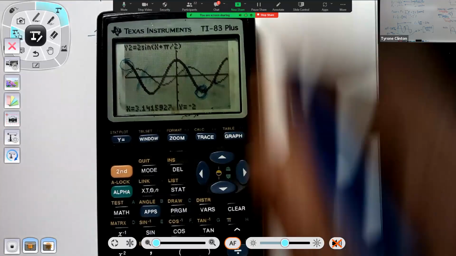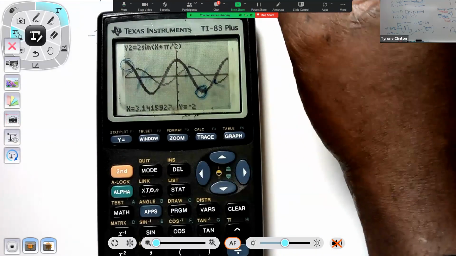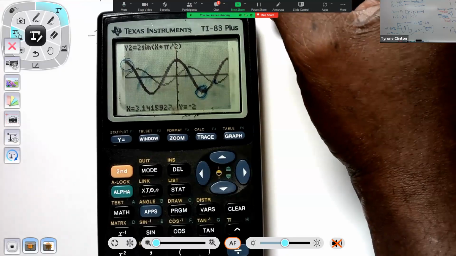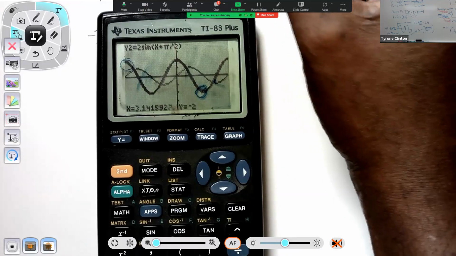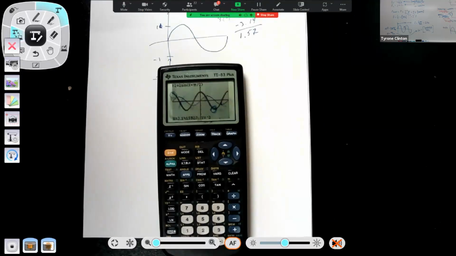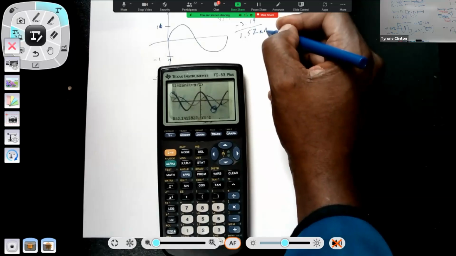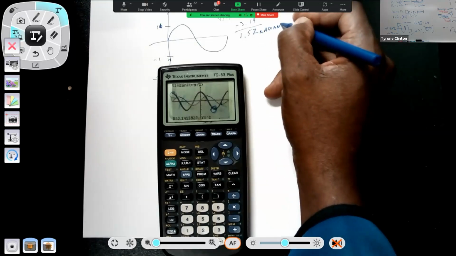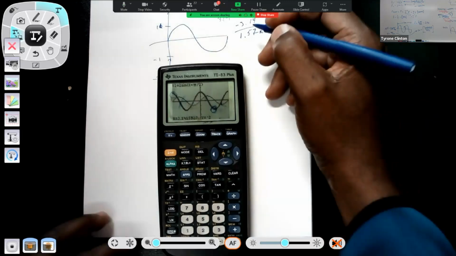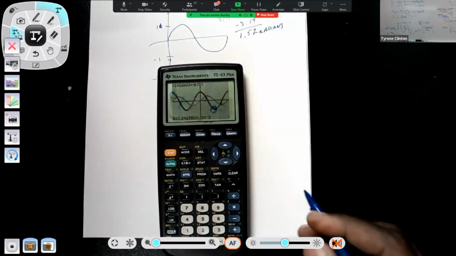So 4.71 minus 3.14 is about 1.57. And this is in radians, which is equivalent to 90 degrees for our purposes. So there's a shift to the left of 90 degrees.